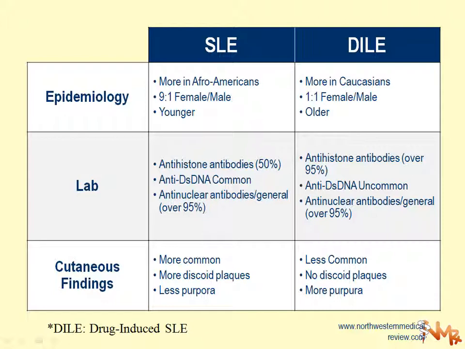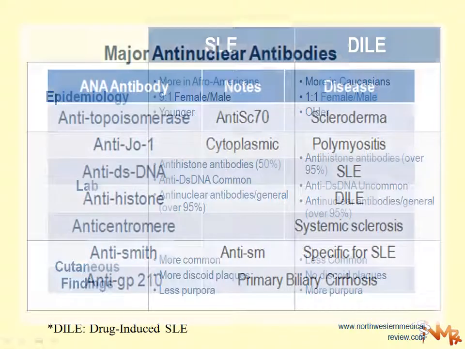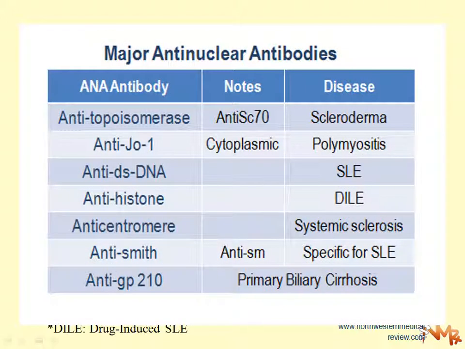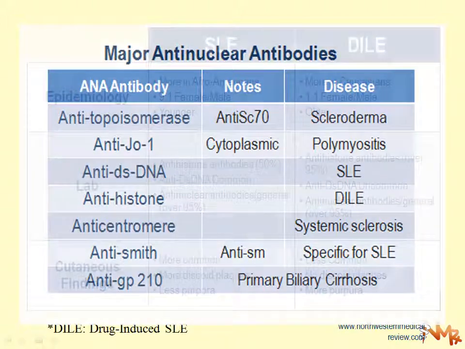With regard to DILE, antihistones are by far more common. Anti-double-stranded DNA is less common, but again, 95% of these patients also present with anti-nuclear antibodies. Again, anti-nuclear antibodies is a generic term. It may stand for anti-double-stranded DNA or antihistone antibodies.